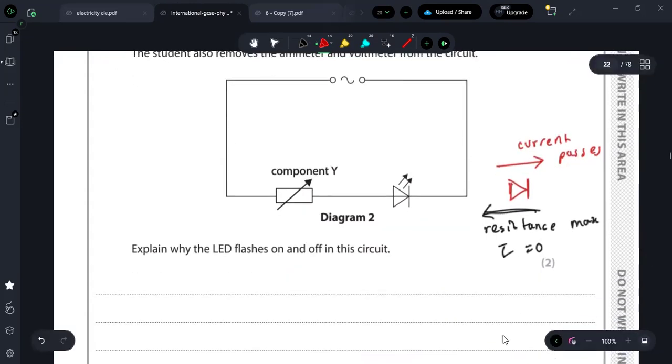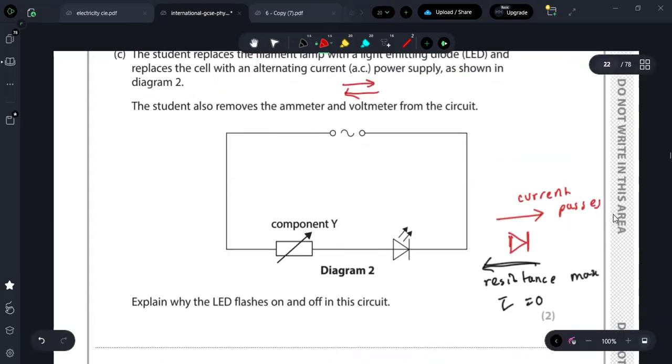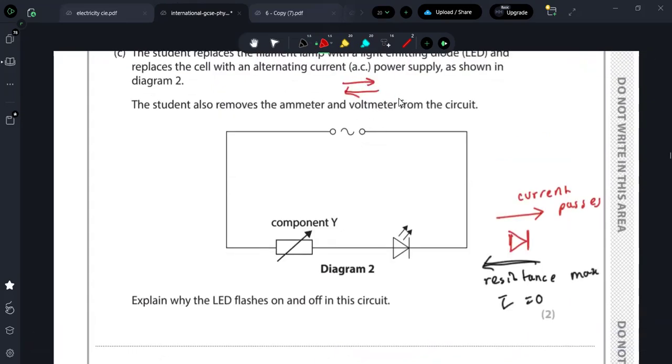Now let's see the question. Explain why LED flashes on and off in this circuit. Same reason, we have alternating current supply, which means current will be in the forward and also in the backward direction.